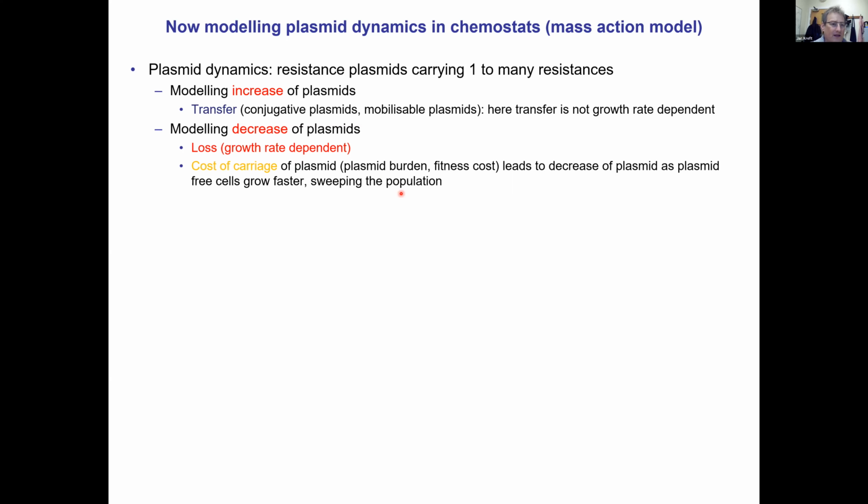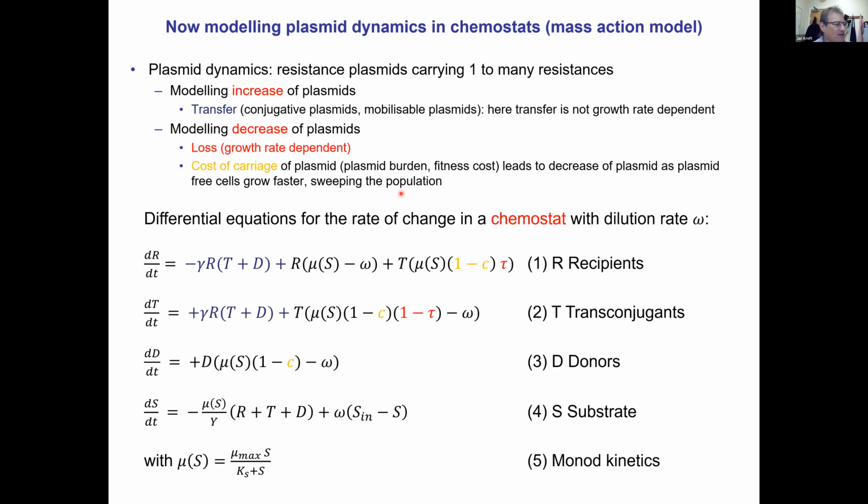If there is no fitness cost for carrying resistance, there is no hope that by cutting down on consumption of antibiotics, we can get rid of resistance again. The only reason this will work is if there's a fitness cost with resistance, so that when we are using less antibiotics, the resistance is no longer selected for and becomes replaced by bacteria that are not resistant because they can grow faster. So these are the differential equations for plasmid dynamics in the chemostat.